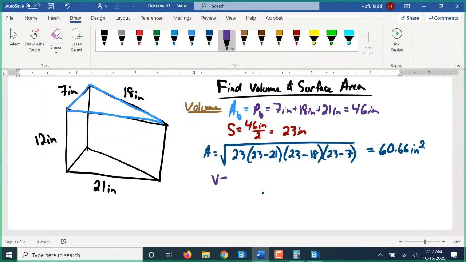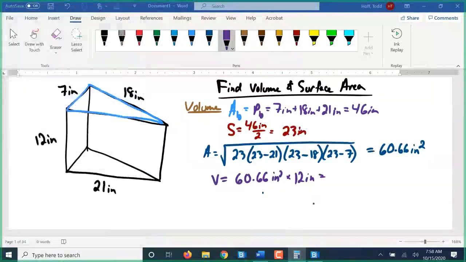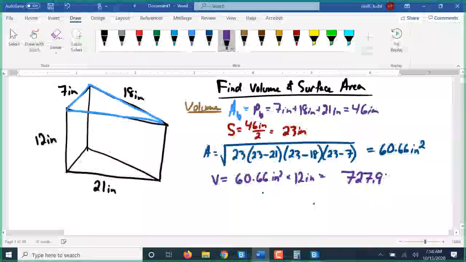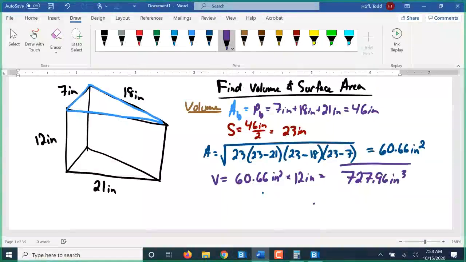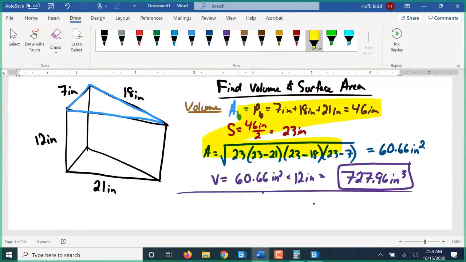So my volume is that area of that base, the 60.66 square inches, times my height of 12 inches. Giving me a volume of 727.96 cubic inches. There's my volume. You guys remember Heron's formula up here? Great.